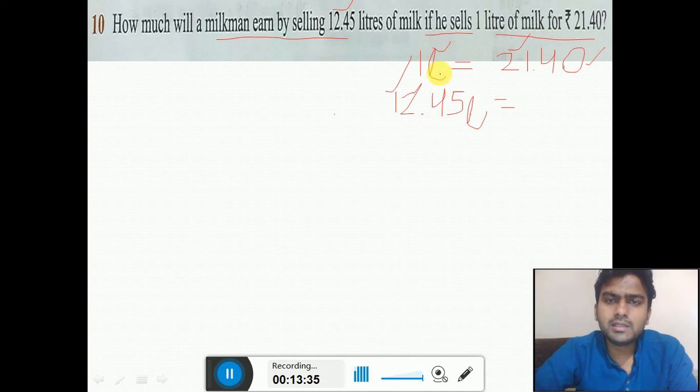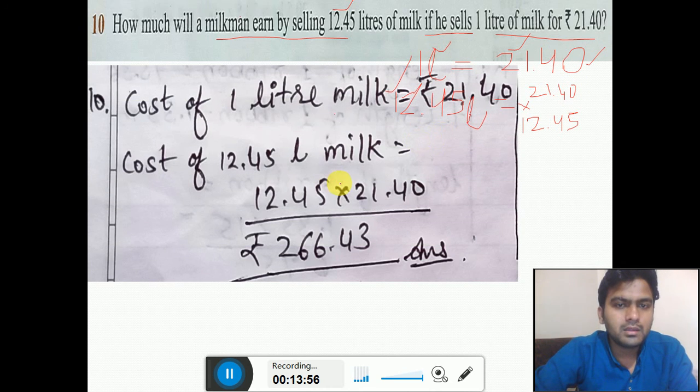So like this here also we will multiply 12.45 with 21.40. So here is our solution. So just multiply and you will get the answer.